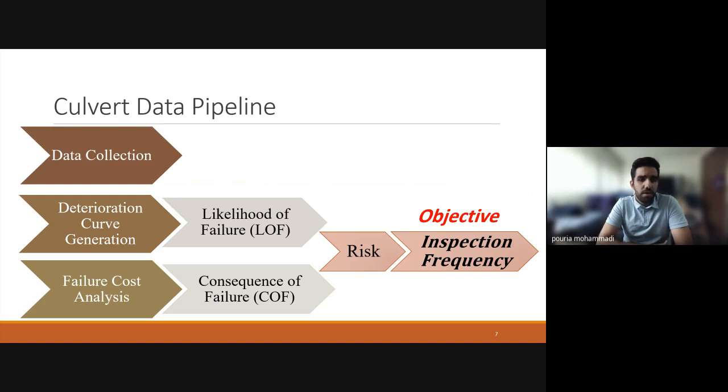And finally, we analyzed the failure cost of culverts to determine the consequence of failure for each culvert. After calculating the LOF, likelihood of failure, and COF, consequence of failure, we found the culvert risk factor, and based on the risk factor, we estimated the inspection frequency for each culvert, which is the objective of our project.